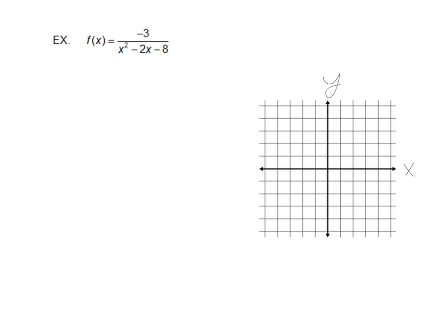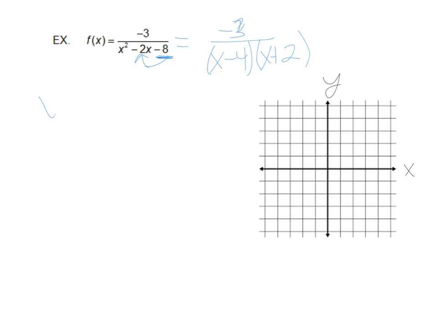This function also must be factored. So if I look at negative 8 and try to figure out the factors of negative 8 that I can add to get negative 2, we would have a negative 4 and a positive 2. So negative 3 over x minus 4, x plus 2.